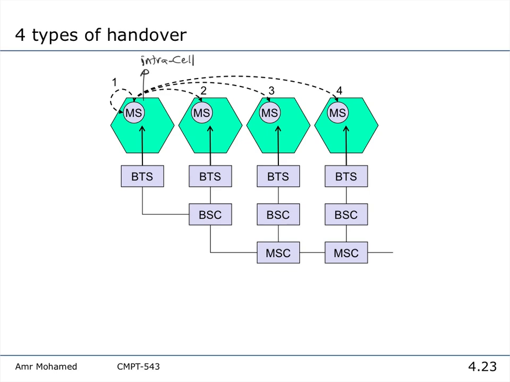Okay, so we do frequency hopping. We call this intra-cell handover. And then from one base station to another, we call that inter-cell handover. Okay? This is to perform handover from one base station to another such that both base stations are maintained by the same base station controller.